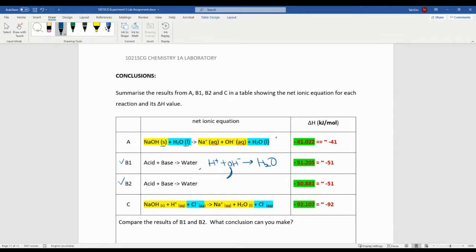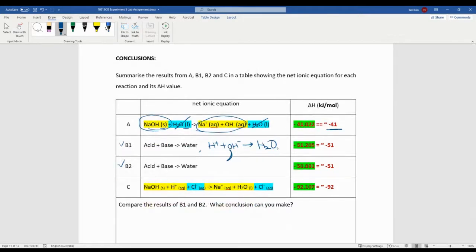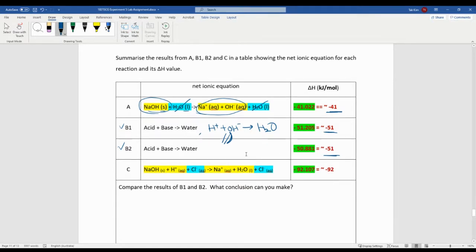Since we need to remove spectators, which is water, your net ion equation will be this one and then this one. And then our change in enthalpy was about minus 41 kilojoules. And then B1 and B2 we already did. So B2 should be same as B1, and the values are extremely similar at minus 51 kilojoules per mole.